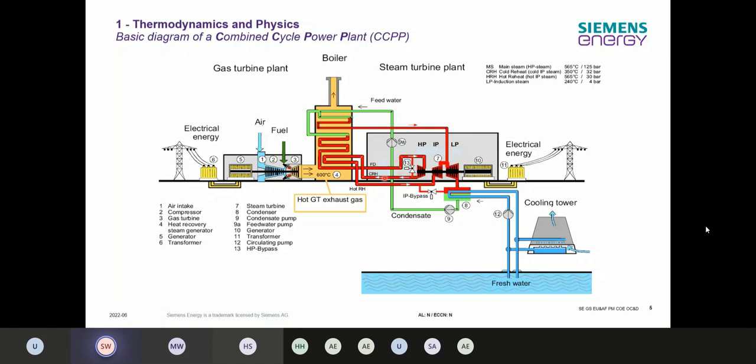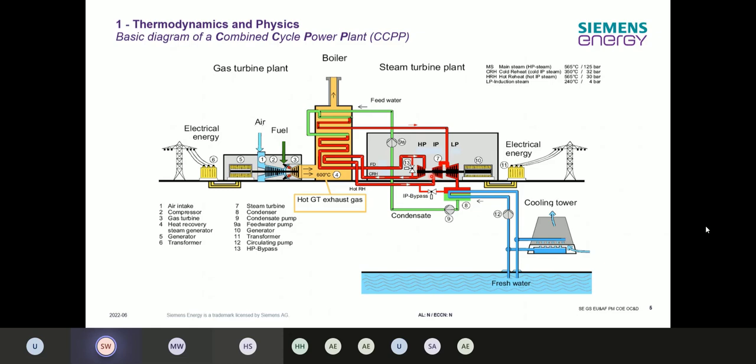So here in the 3-pressure line, going back to the boiler, we use the outlet steam from the HP part of the steam turbine and send it back to the boiler to reheat it again and bring it to the so-called IP turbine part, the intermediate turbine, because the IP turbine can handle at least the same temperatures.